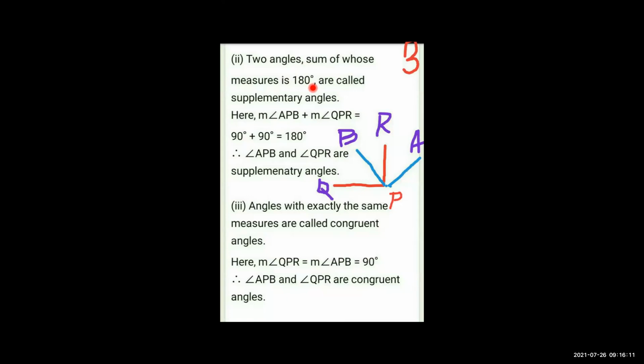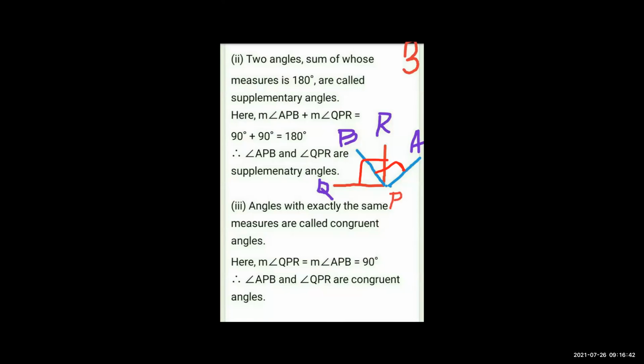So those are called supplementary angles. Now, both angles were given as 90 degrees: angle APB was 90 degrees, and angle RPQ was also 90 degrees.